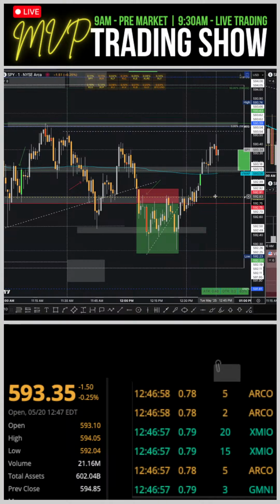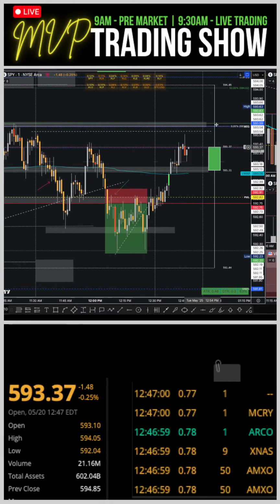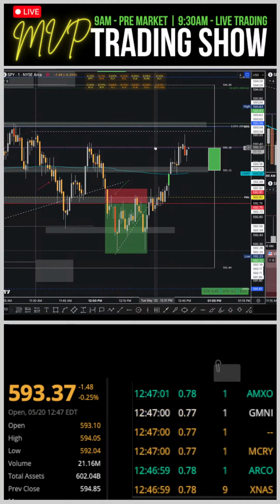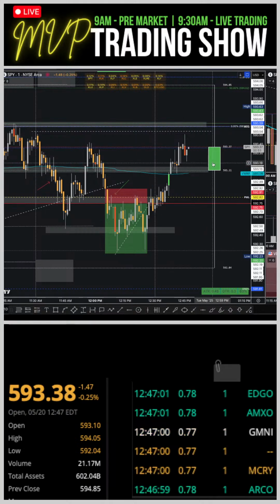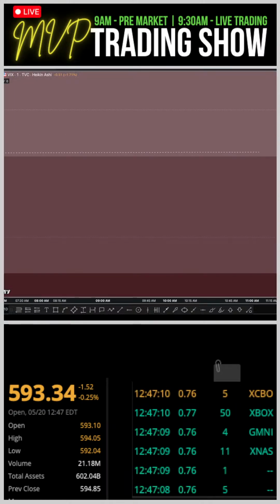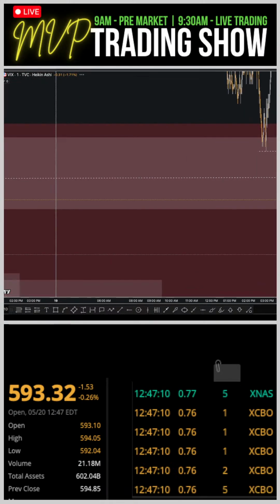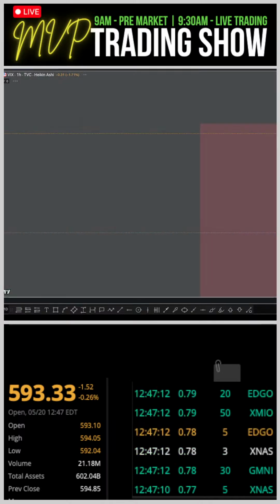Okay, so we're going to wrap up here. Going into the close, I want to see our power hour and beyond. I want to see where we close in relation to this daily open. The VIX is completely breaking down. So where is the landing spot for the VIX?